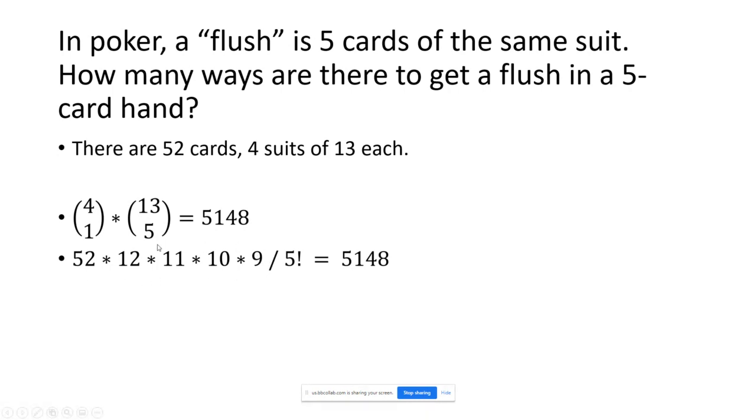But when we do this computation, we've treated it as order mattering. And in poker, it doesn't really matter which card you get first. You just care about, at the end, what 5 cards are in your hand. So then we need to divide by the possible orders for these 5 cards. So we divide by 5 factorial. And that gets us the same answer, 5,148.